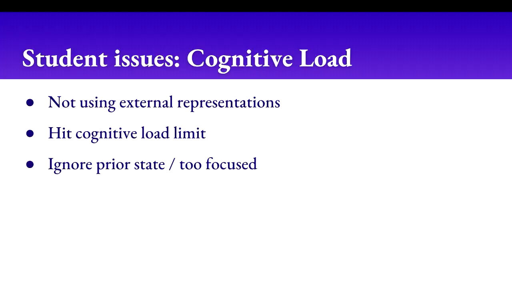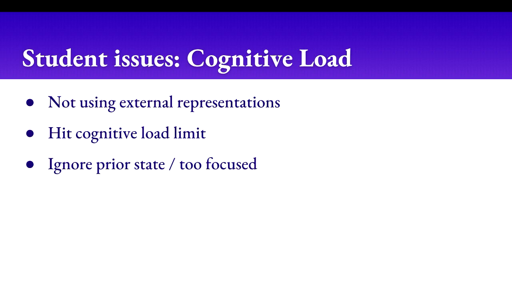Cognitive load comes into tracing quite heavily and quite quickly. Really, the reason that students are tracing poorly is that they're not able to keep all that stuff in their head. And this is why I talked about sketching. Sketching is an external representation that helps students get their work out of their head and onto paper. So they're not using their working memory to go through and solve problems.